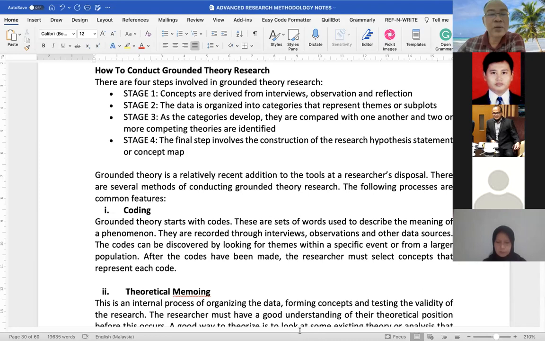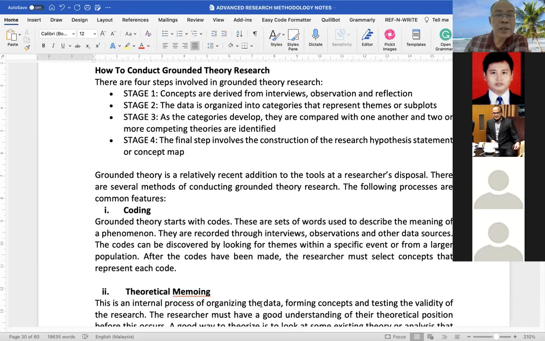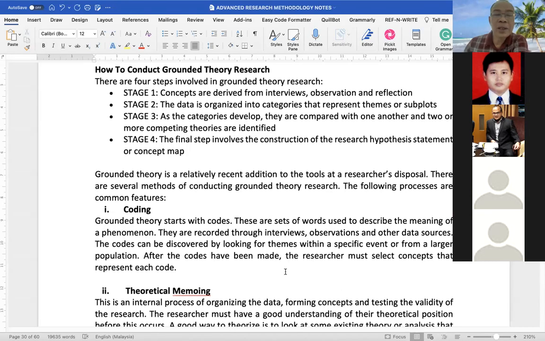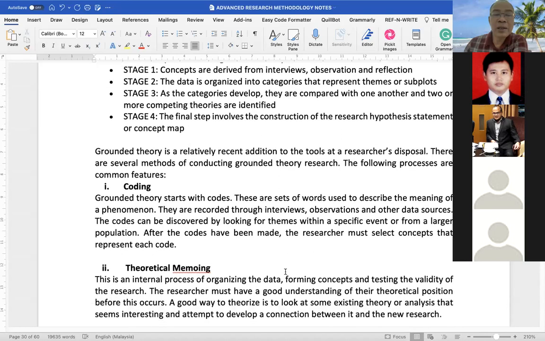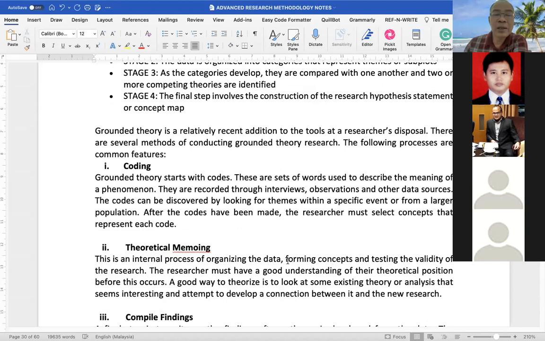And here are the common features of the grounded theory. Grounded theory starts with codes. These are sets of words used to describe the meaning of a phenomenon. So the data is collected using interviews, observations, and other data sources.